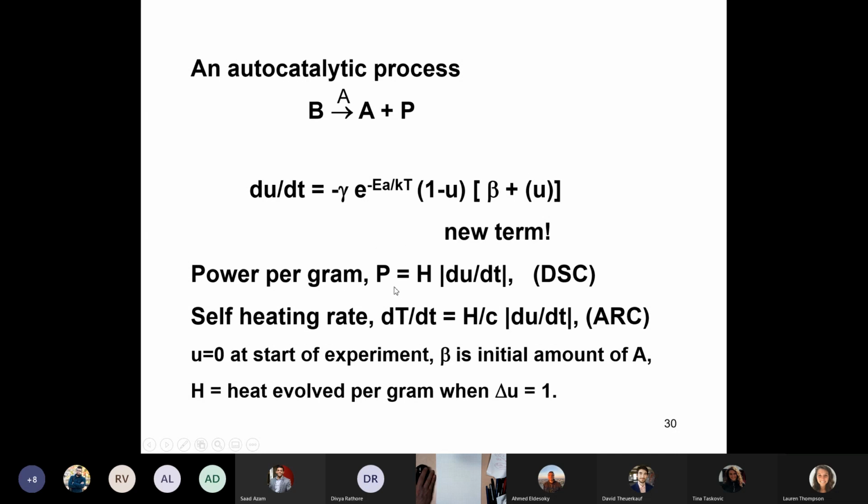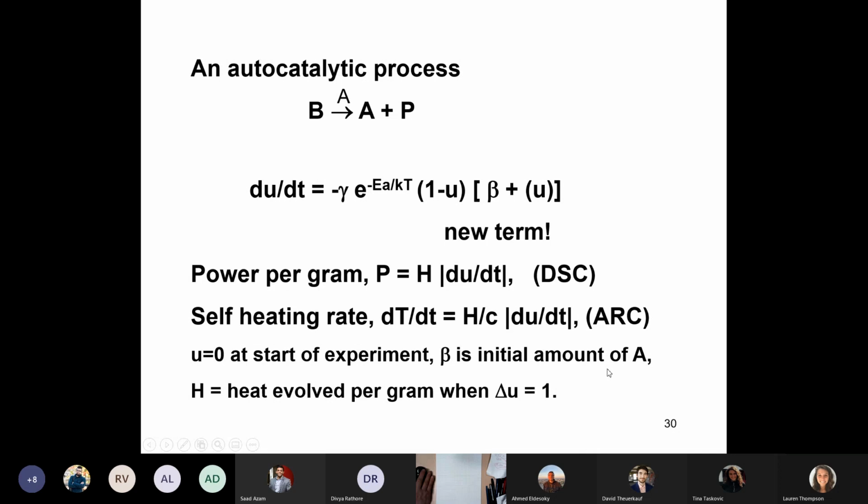Okay, so the self-heating rate in accelerating rate calorimetry, as we mentioned before, is the heat of the reaction divided by specific heat times the rate at which the reactants are converted into products. So you take the derivative of this term and stick it in here. If you think U is 0 at the start of the experiment, then this beta is the initial amount of this autocatalytic thing.